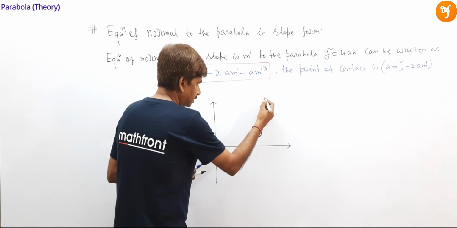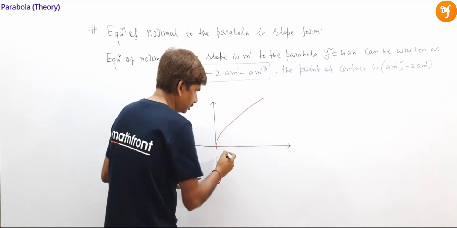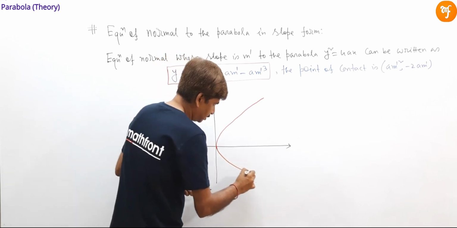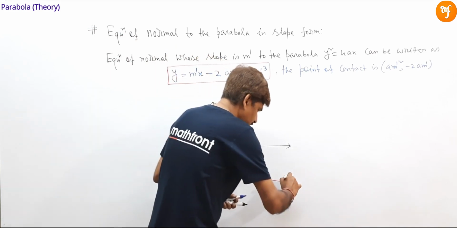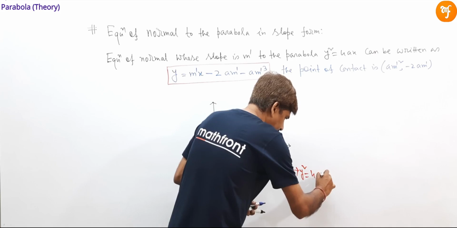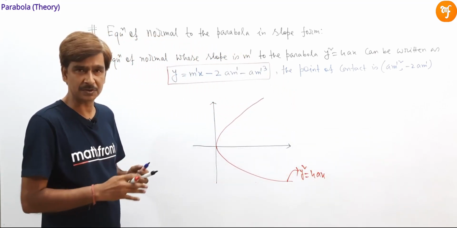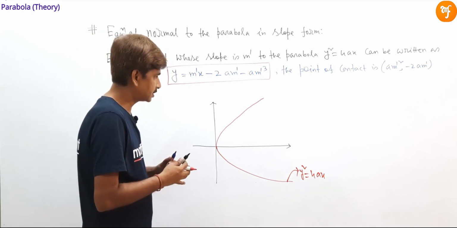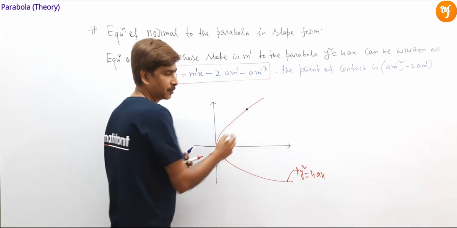Suppose this is the parabola. Okay, the equation of the parabola is given as y square is equal to 4ax. So this is the point of contact.